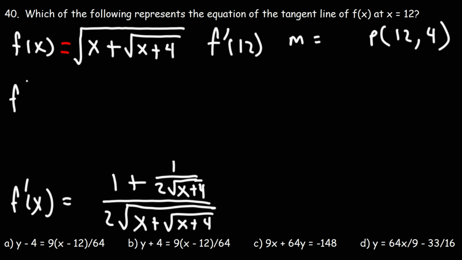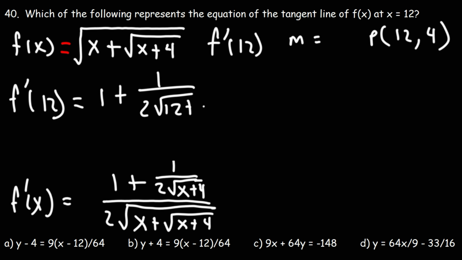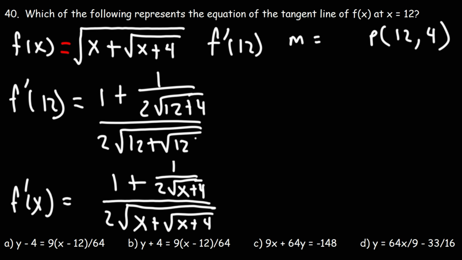So now we need to evaluate it at x equals 12. So this is going to be 12 plus 4 over 2 square root 12 plus square root 12 plus 4.